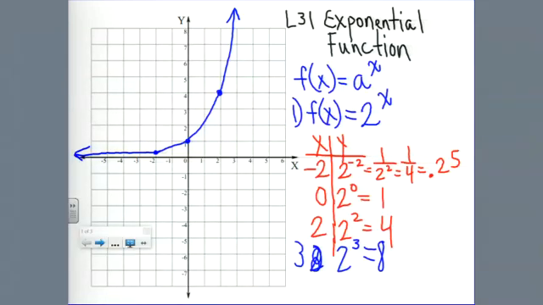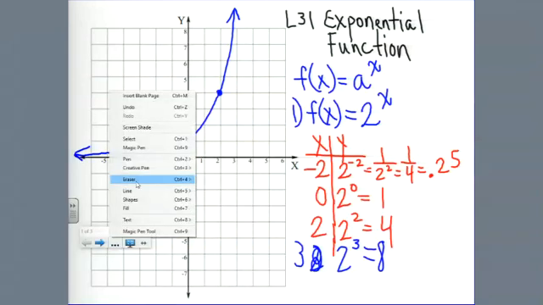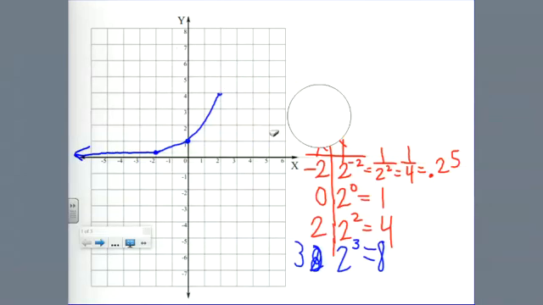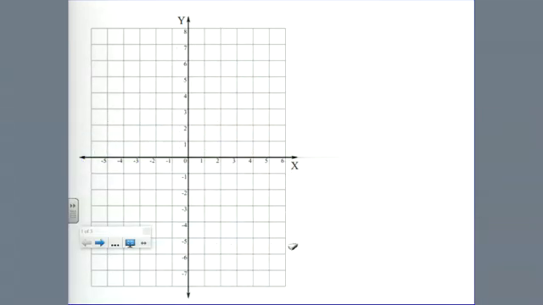Now, what goes along with exponential functions is something called a logarithmic function. And an exponential function and a logarithmic function are usually inverses of each other.